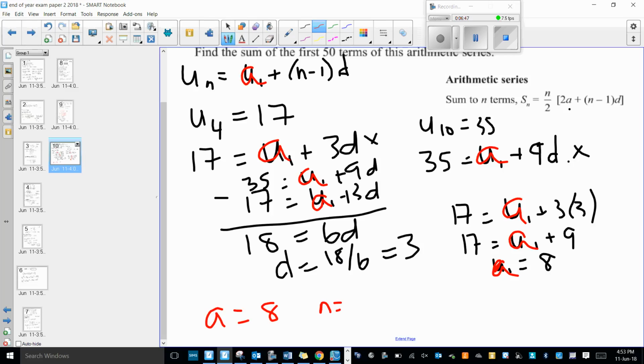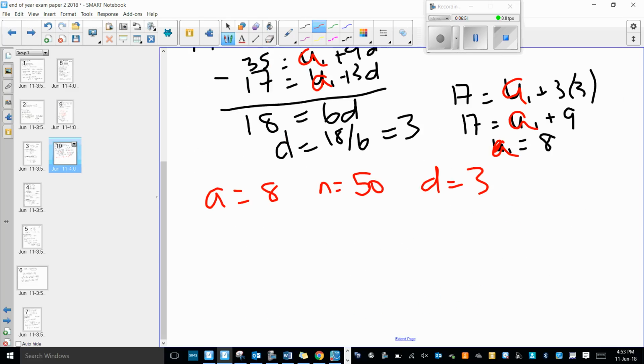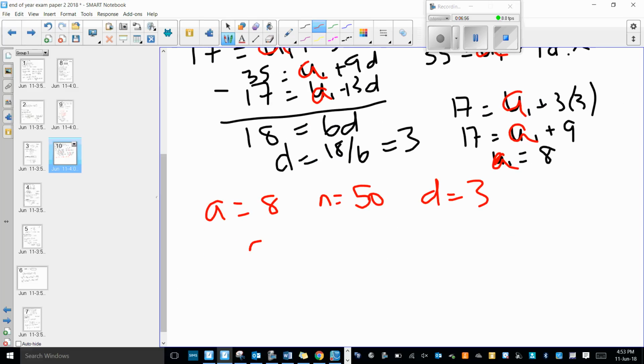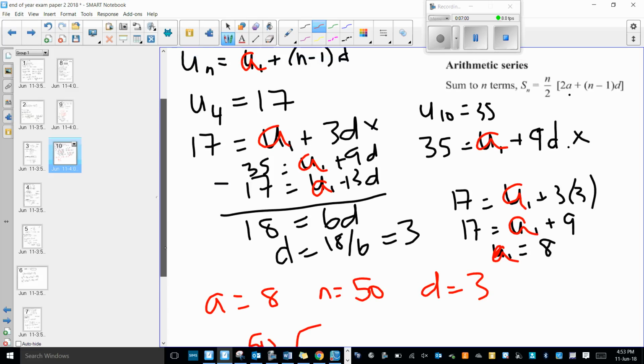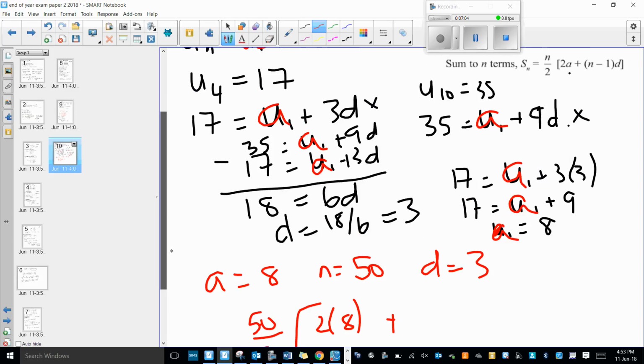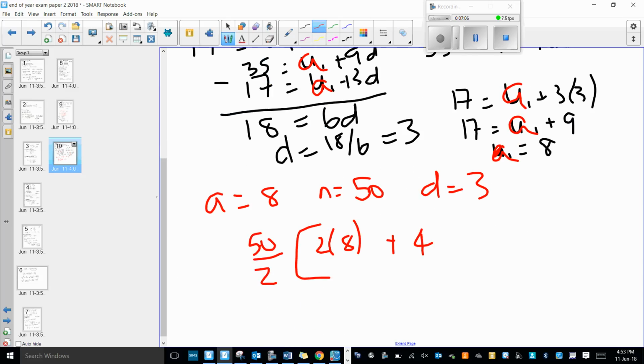And D is 3. So sticking that into the formula, we've got 50 over 2 brackets 2A, so it's 2 lots of 8, plus n minus 1, which is 49, multiplied by 3.